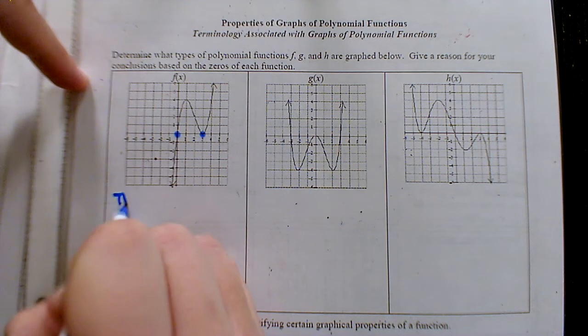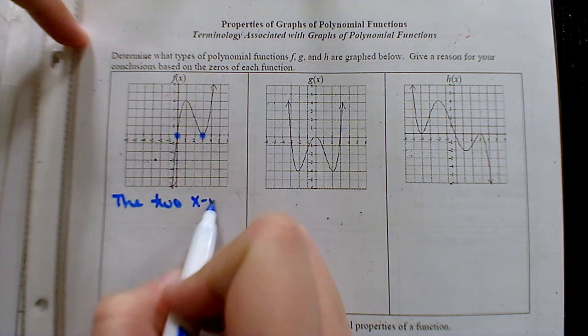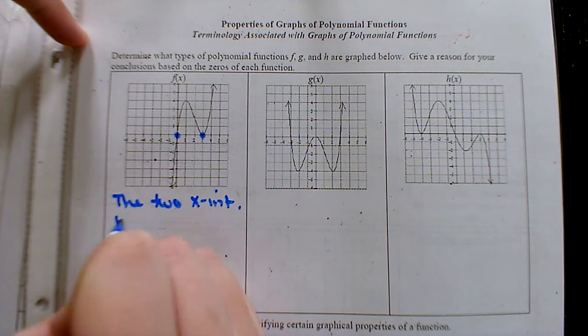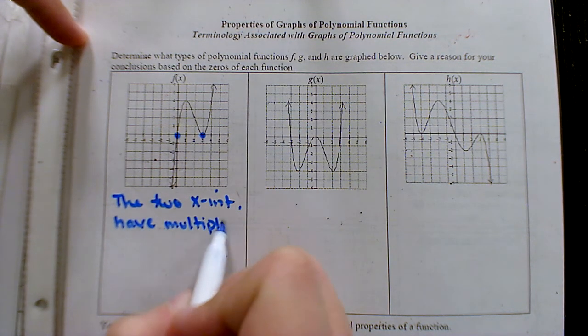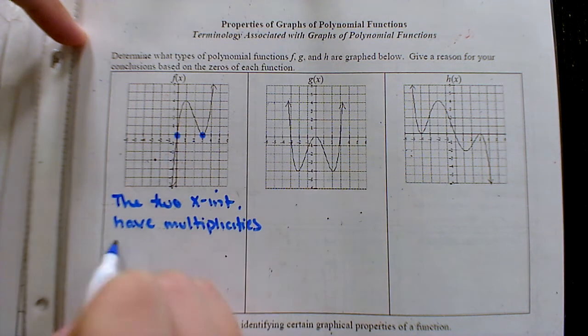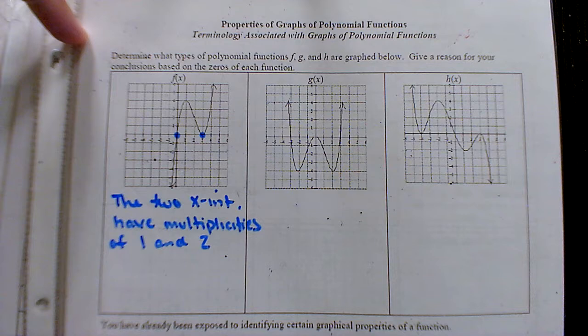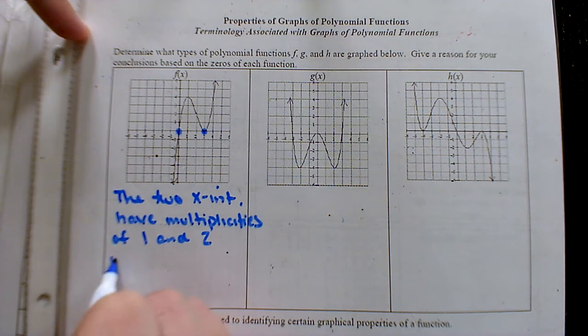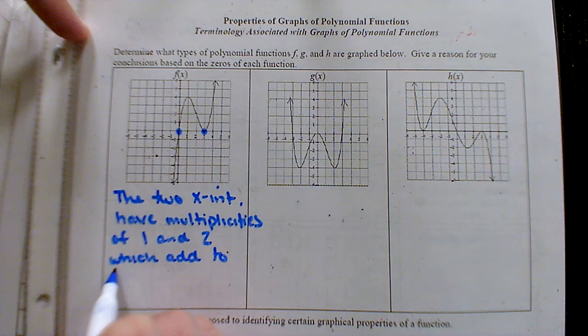So we'll say, you can write down whatever you want. The two x-intercepts have multiplicities of 1 and 2, which add to 3.